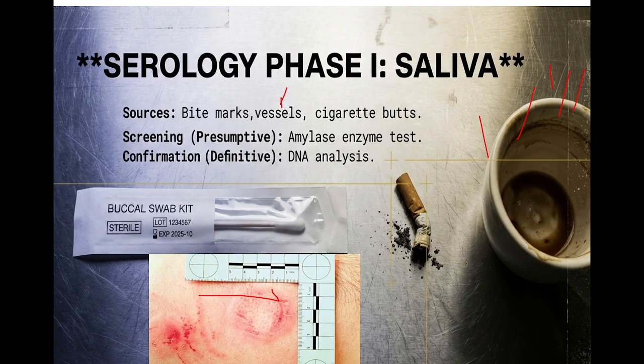Another thing is cigarettes. Nowadays it is rare because people don't smoke inside premises. It's not allowed, I'm talking about the Western world. But if somebody wants to kill someone, they don't care about smoking, so they will leave a cigarette.